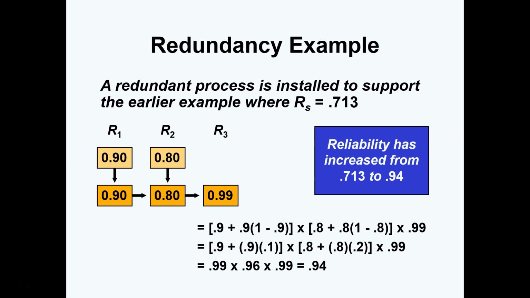By doing that, we now have parallel for R1 and R2, or standby for R1, R2. Recalculating using the formula of the parallel component, the reliability of the system will increase from 71.3% to 94%. And you can see the calculation in this slide.